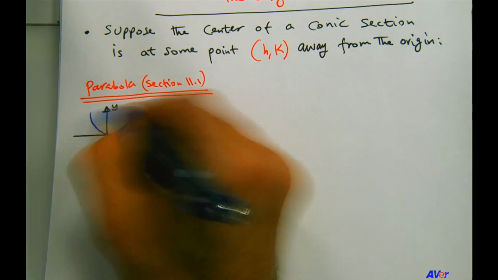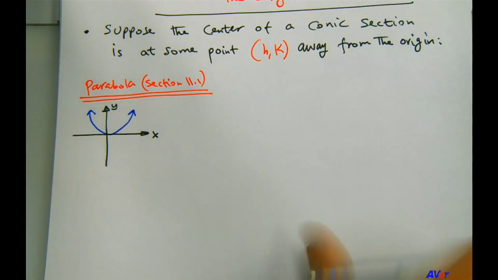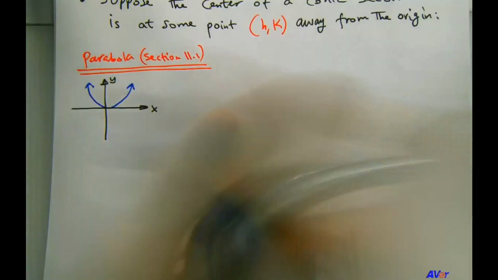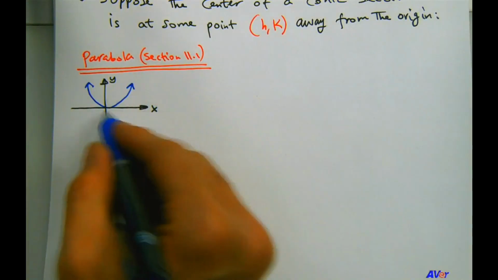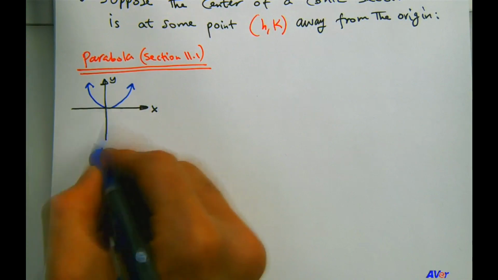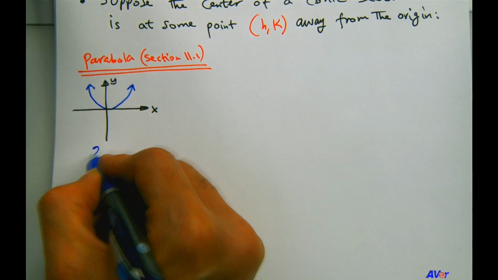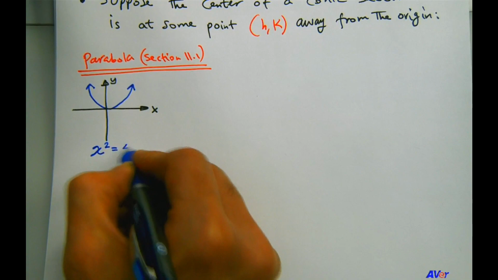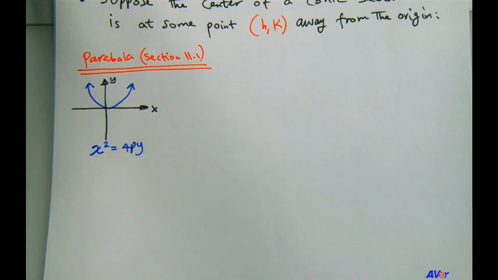We said that for a parabola that looks like this, the equation of the parabola is x squared equals 4py, right?